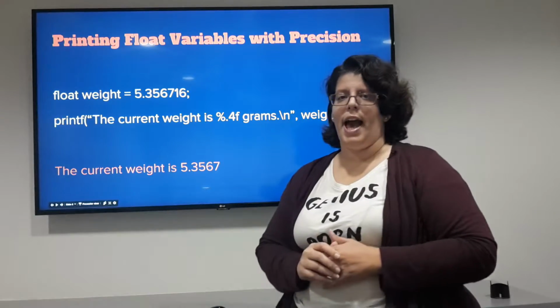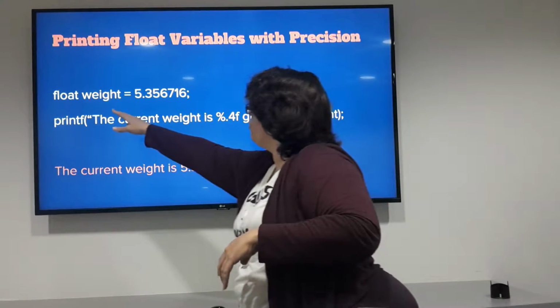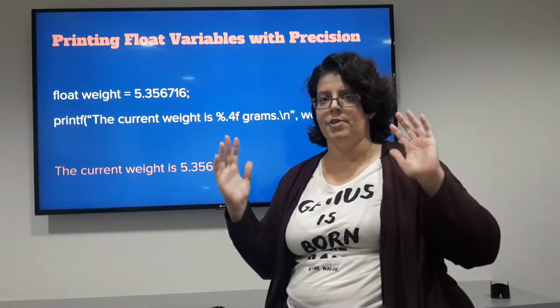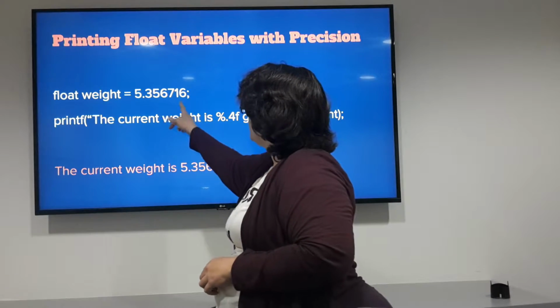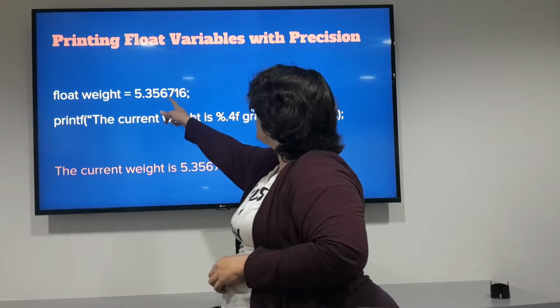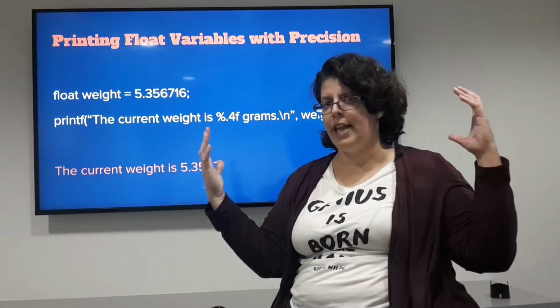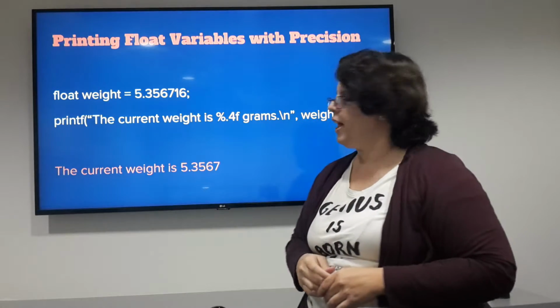So what if we actually had a weight that was 6 digits long? We know all the floats could have up to 6 digits at the very end. That's the longest number of decimal places allowed for a float value. So if I did have a long number like this, 5.356716, well, it has now 6 decimal places to work with. So let's see how we want to print that.